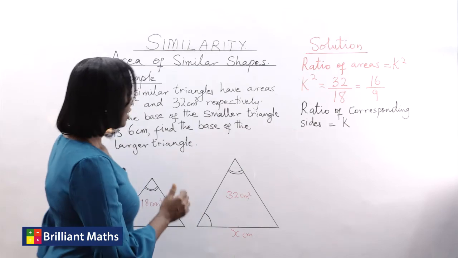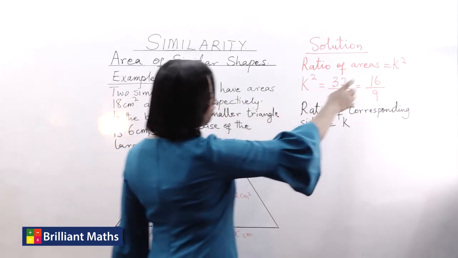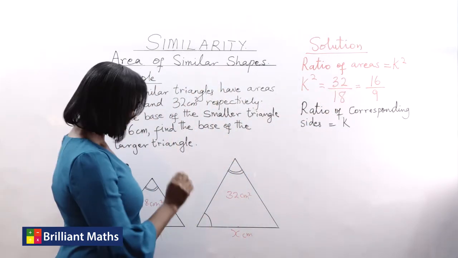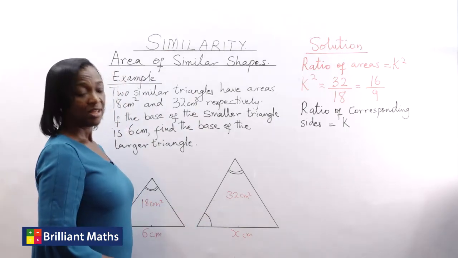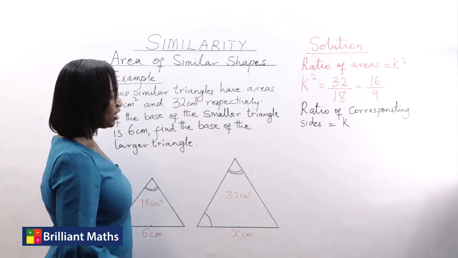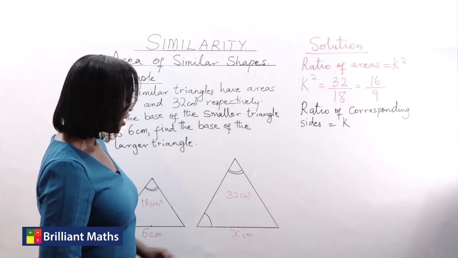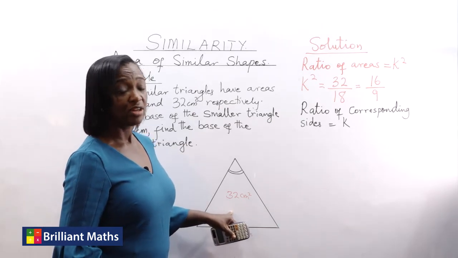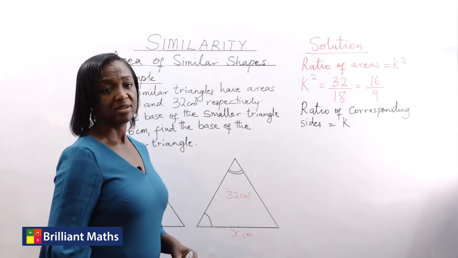So solution, we know that the ratio of corresponding sides is equal to K, but the ratio of corresponding areas is equal to K squared. That is the scale factor. So here, ratio of areas is K squared. We know the areas. The area of the small triangle is 18 centimeters squared, and the area of the large triangle is 32 centimeters squared.